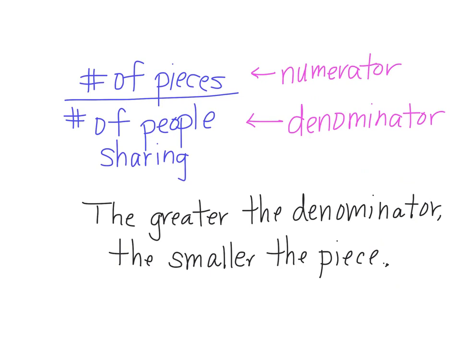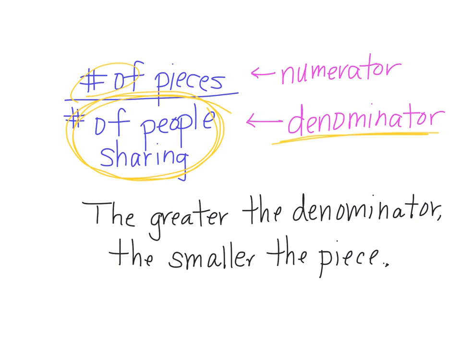So here's the main idea of this lesson. You see that the numerator is the number of pieces. The denominator shows you the number of people who are sharing. The bigger that number is, the smaller piece that I'm going to get, because I'm having to cut the whole into smaller pieces so that everyone gets a little bit.